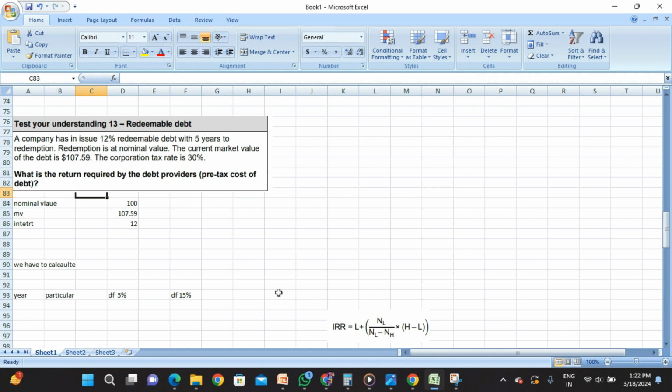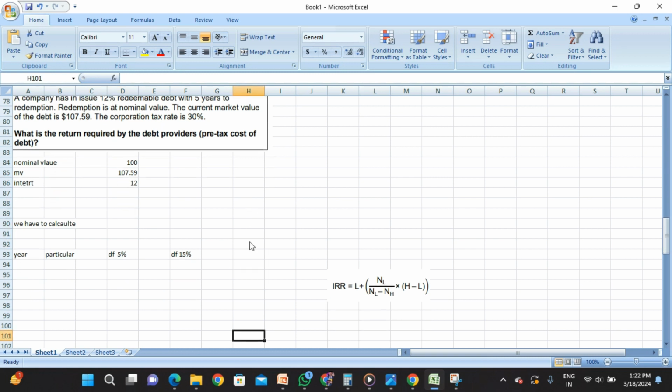Okay, let's begin. Always remember the nominal value of a loan note will be 100. Market value will be 107.59 and interest will be 100 multiplied by 12%, which is 12. We have to calculate by the year you are receiving.